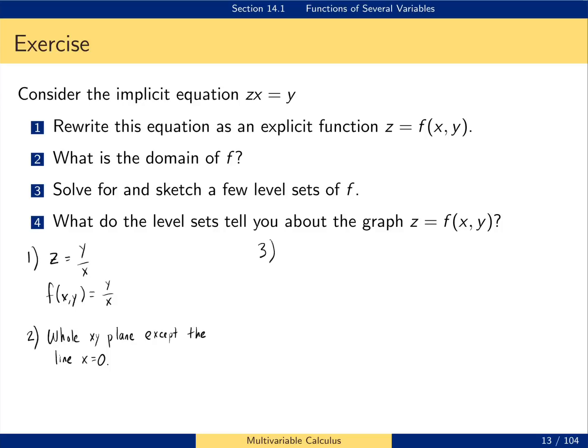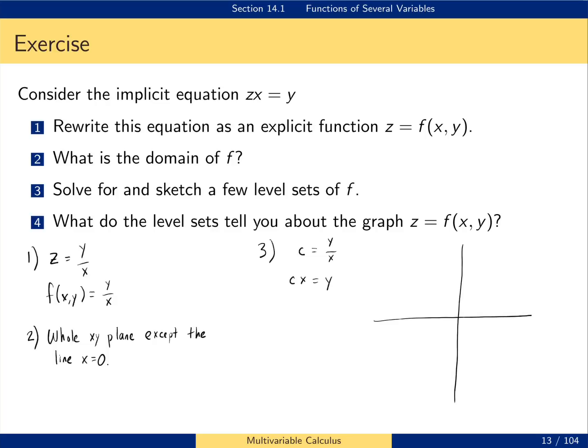What about level sets? Well, we set c equals y over x. If we want to understand what these look like, we should solve for y. We get y equals cx. Since c can be any number, what we have here is a bunch of lines.